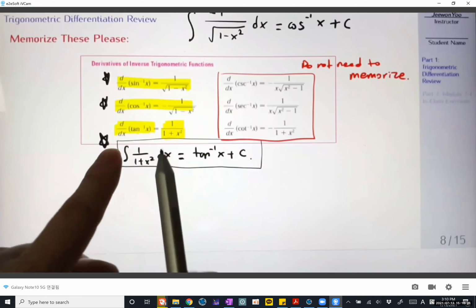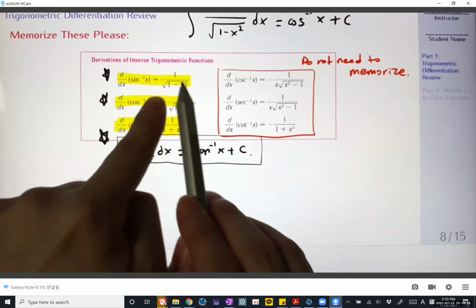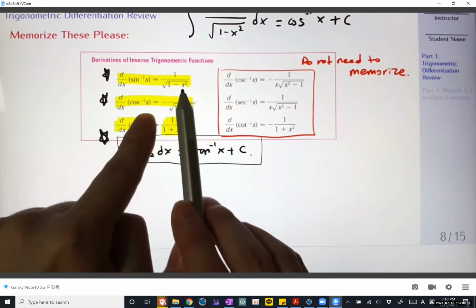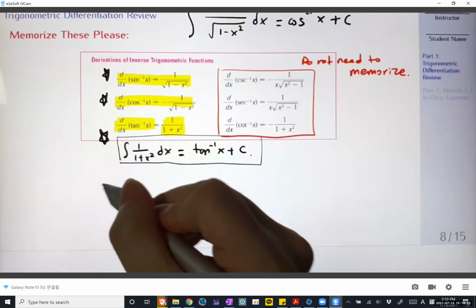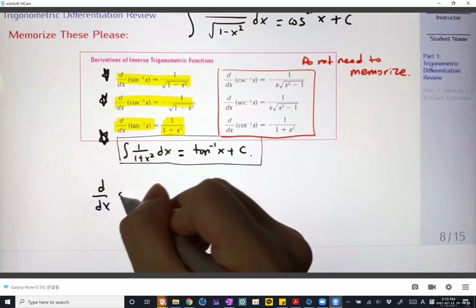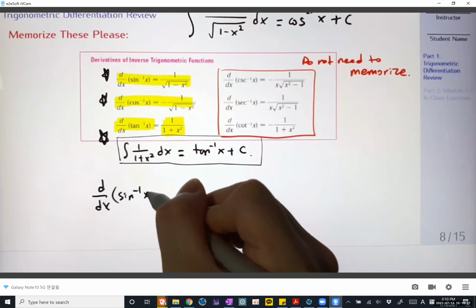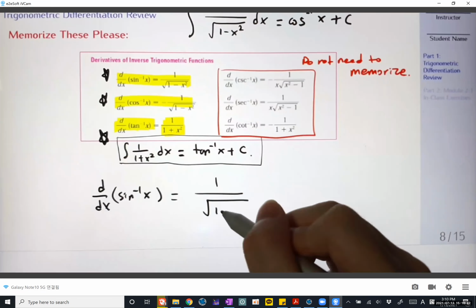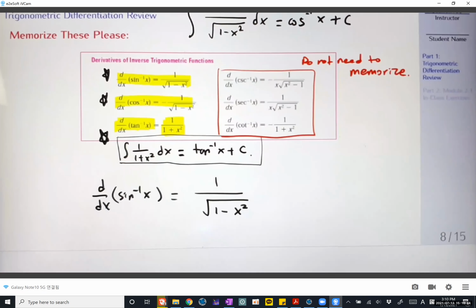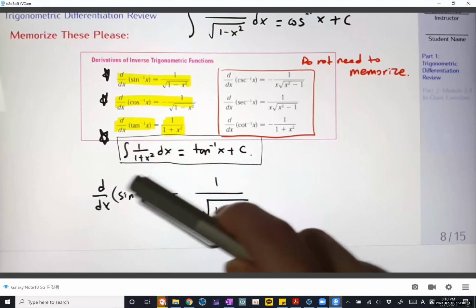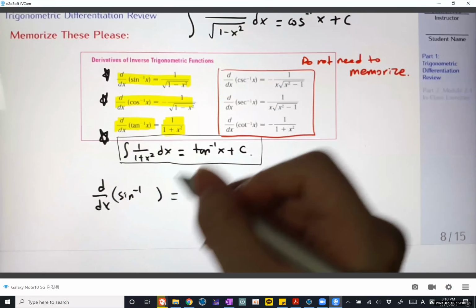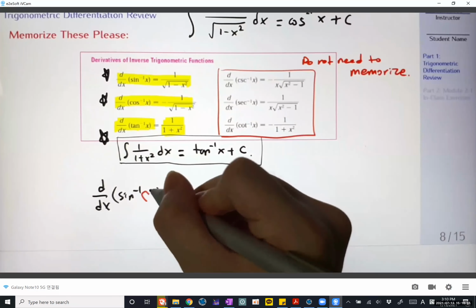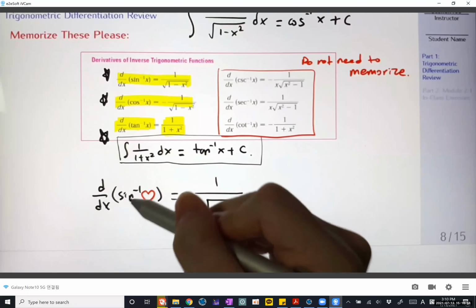So once again, we have to use the chain rule, but look at the outside, sine inverse. For the sine inverse function, the derivative is 1 over root 1 minus x squared. So let me write it one more time for you. Derivative of sine inverse of x is 1 over root 1 minus x squared. Okay, everyone? Next, suppose I don't have x. Suppose I have something, like love. I'm just making up, okay?